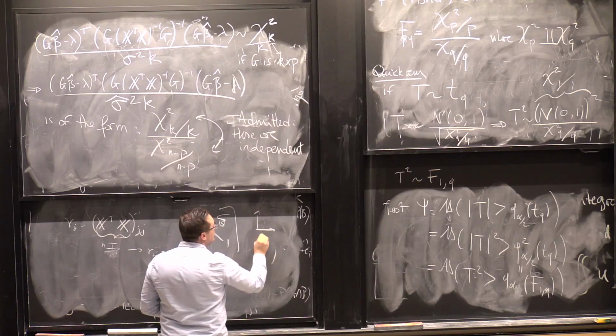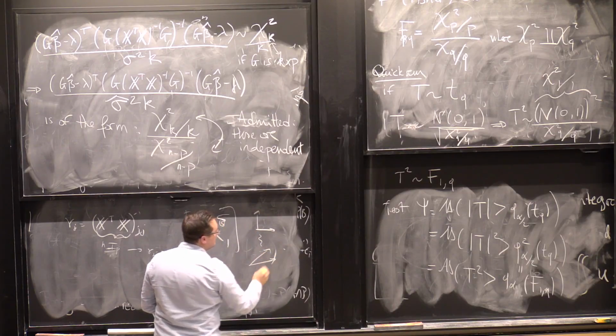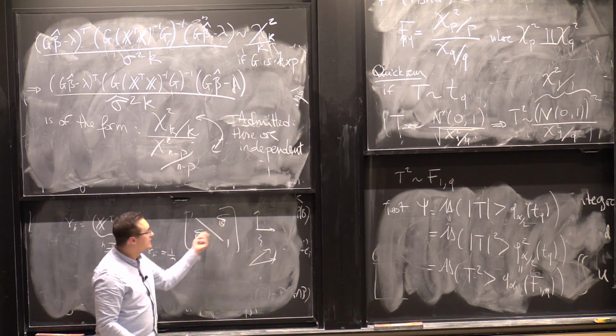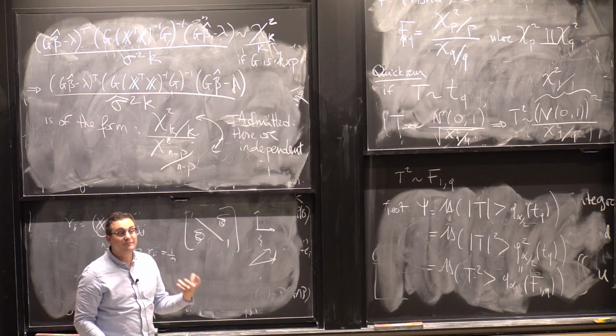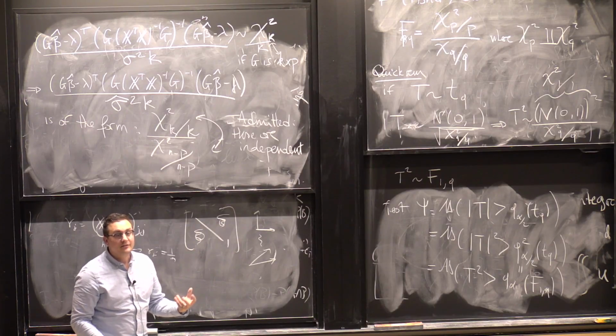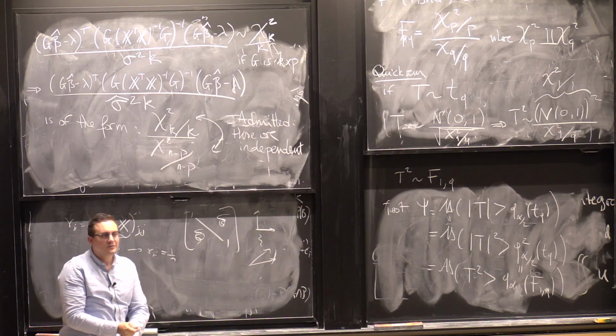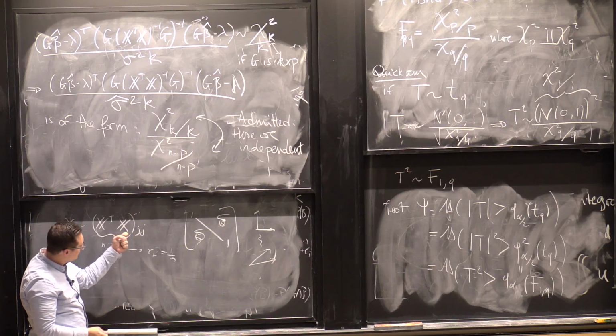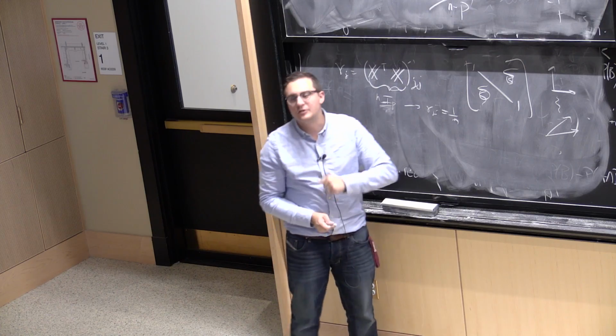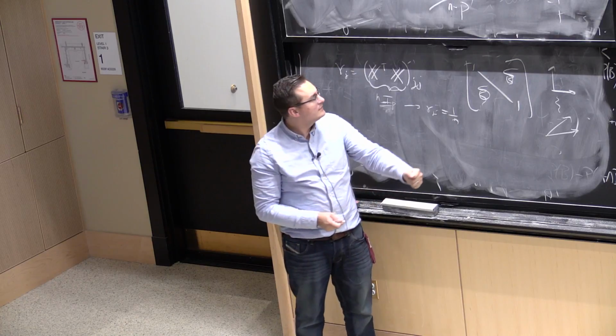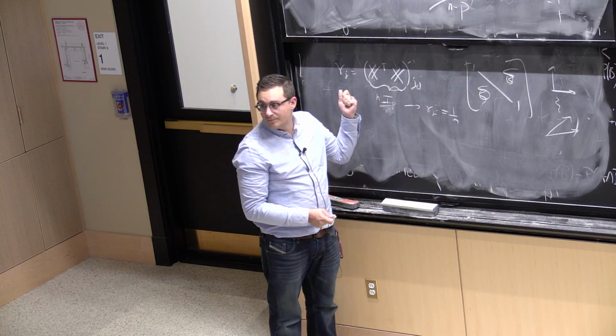Rather than having this, I move to this, right? Now I'm going to start seeing some non-zero entries. And when I take the inverse of this matrix, the diagonal elements are going to start to blow up, to become larger and larger. So when I take the inverse, the diagonal elements are going to blow up. And so what it means is that the variance is going to blow up.